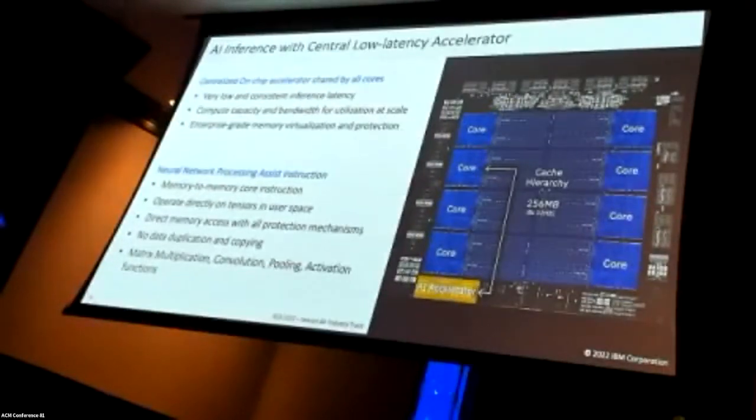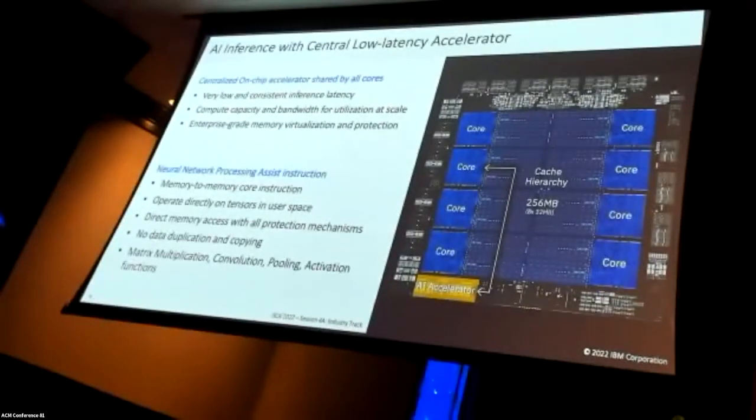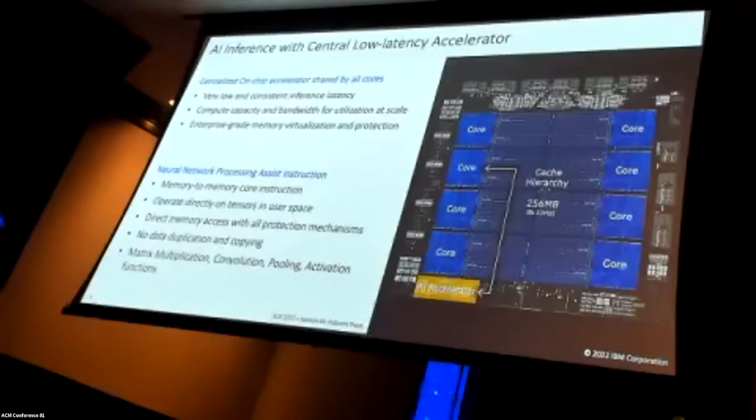To achieve the architecture abstraction, we added a new instruction on the core, the neural network processing assist instruction, which is a memory instruction working directly on the tensor and allowing the accelerator to have direct access to the data, just like the core. There's no data duplication or pinning. And this instruction then supports high-level operations like matrix multiplication, convolution, or activation, and some combination of these.